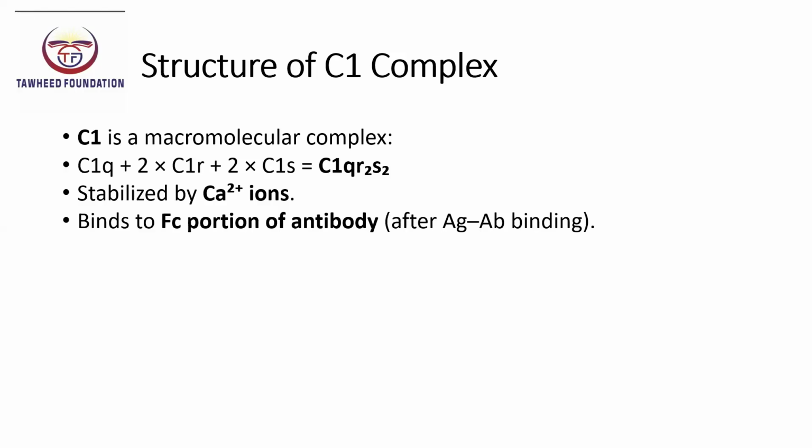The entire C1 complex is stabilized by calcium ions, that is Ca2+, which are essential for its structural integrity. You can visualize C1q as a flower-like molecule with 6 arms. When it binds to antibodies, it triggers the internal activation of C1r and C1s, setting off the classical pathway cascade.